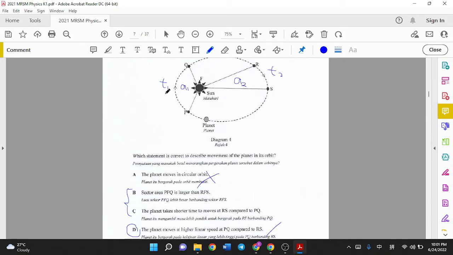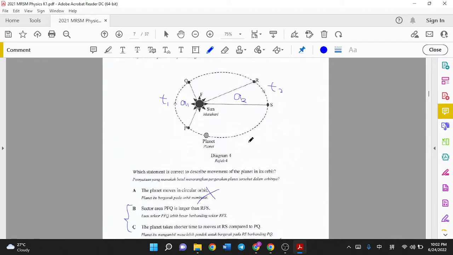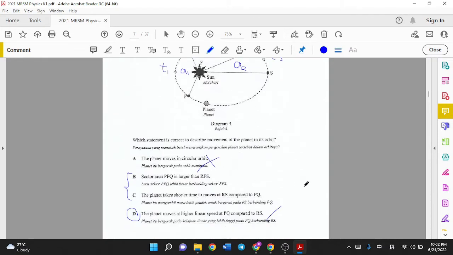But in this case, it didn't give you any hints about your area or your time taken. So you cannot say that PFQ is larger. It can be larger, smaller, or equal, because this question didn't give you enough information.